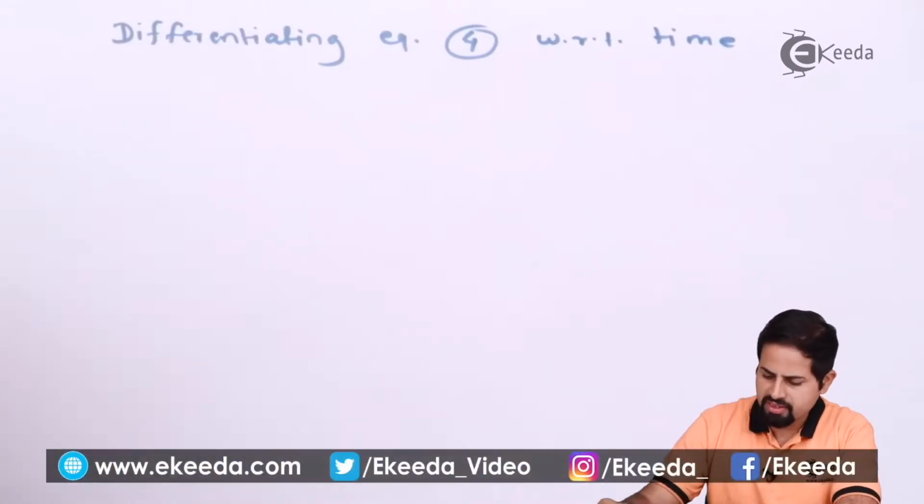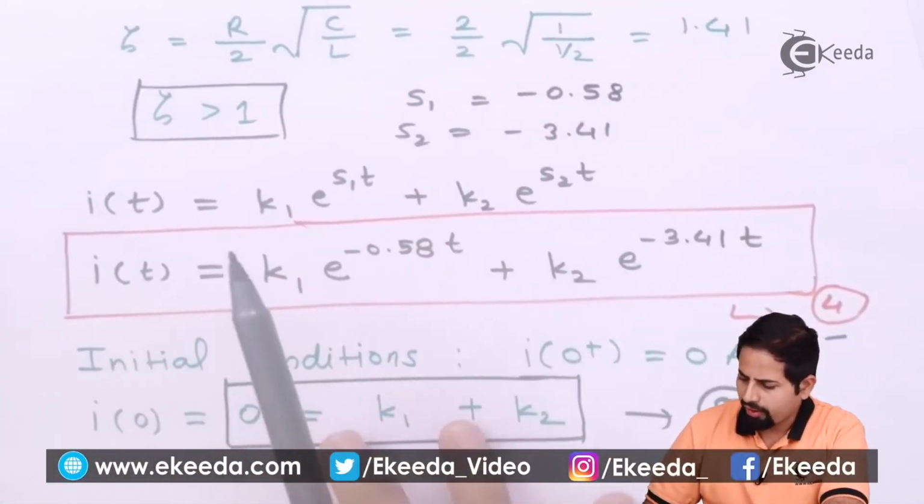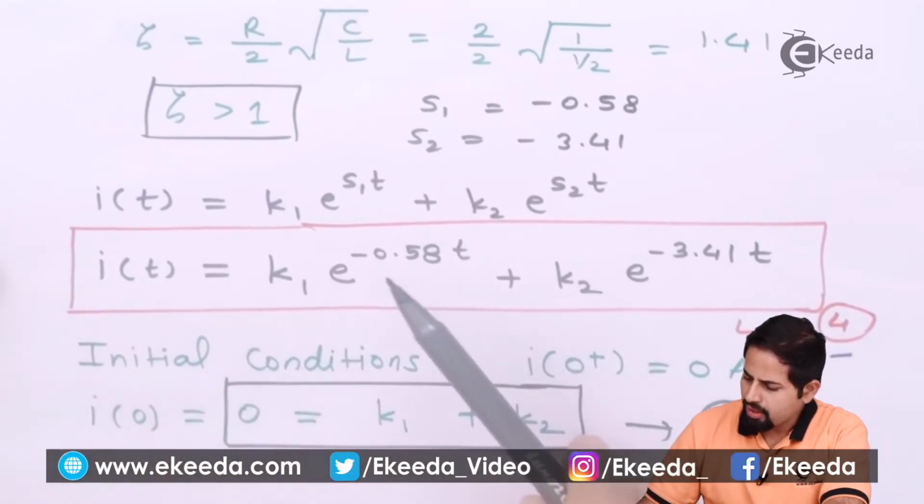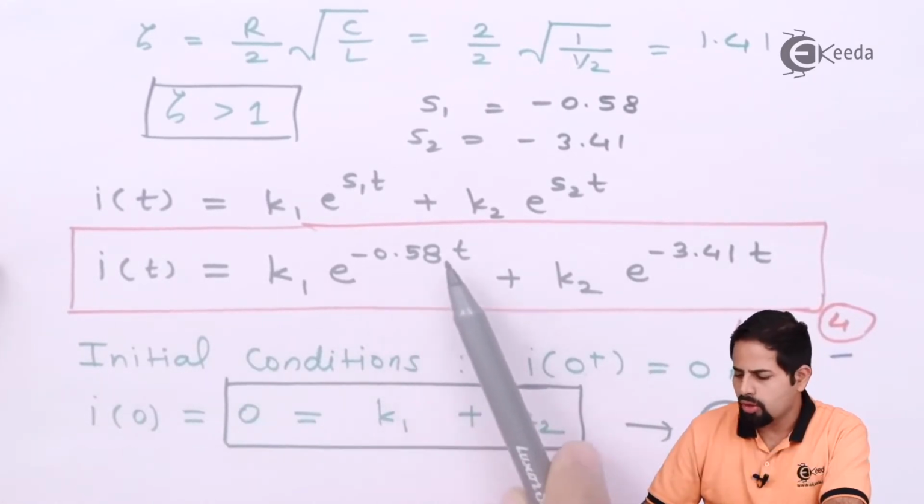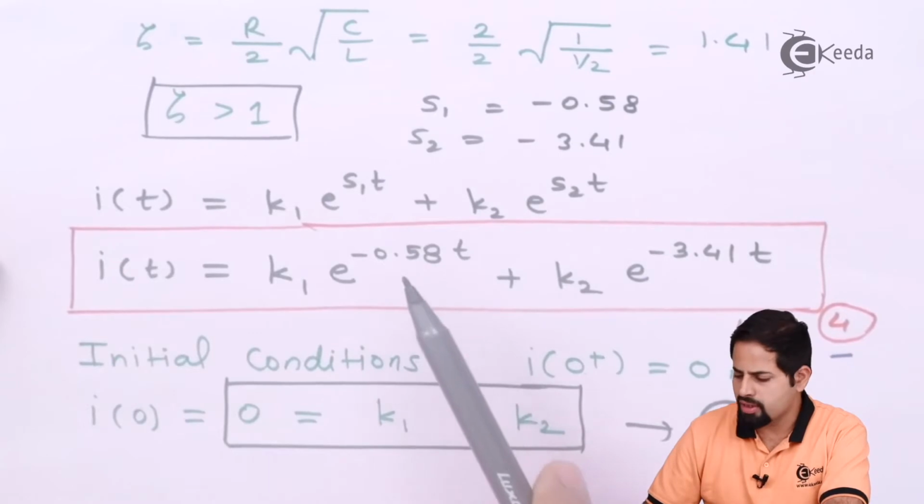So when you differentiate this equation number 4, on the left hand side you will get di by dt, and on the right side, obviously, the derivative of e raised to alpha t will be alpha into e raised to alpha t.